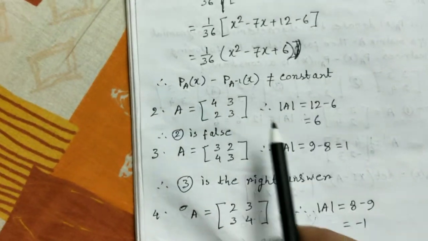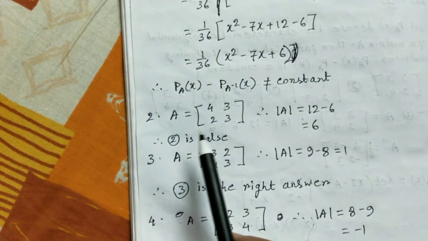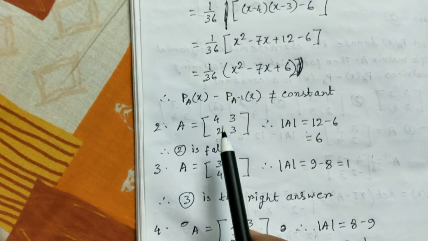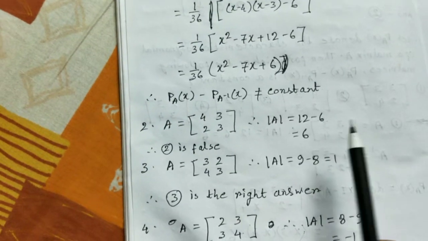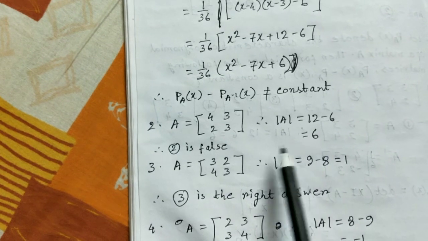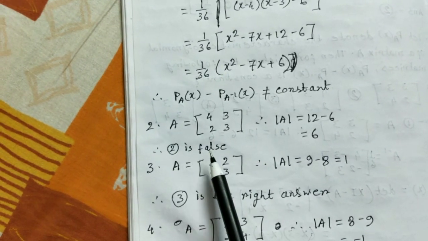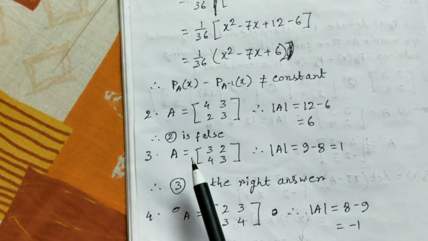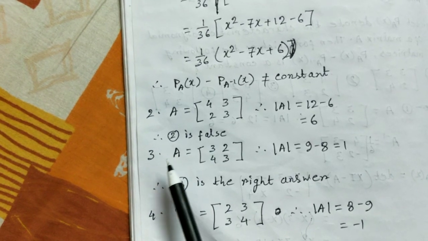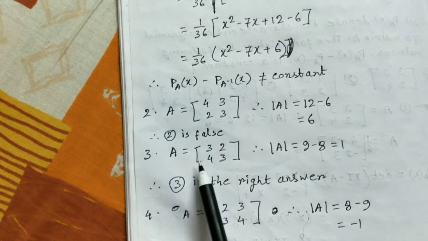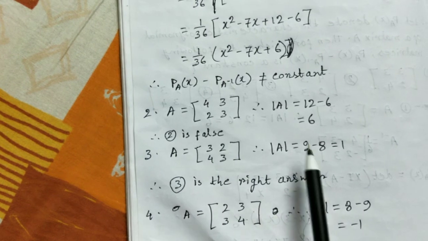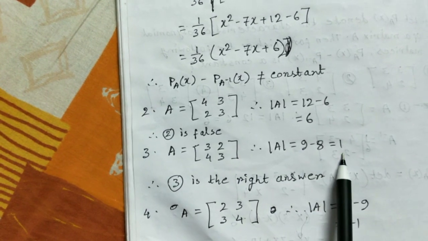So let's check it. The matrix of option number 2 was 4, 2, 3, 3, so the determinant is 6. So option 2 is also wrong. But in option number 3 the matrix was 3, 2, 4, 3, so the determinant is 9 minus 8, that is 1.